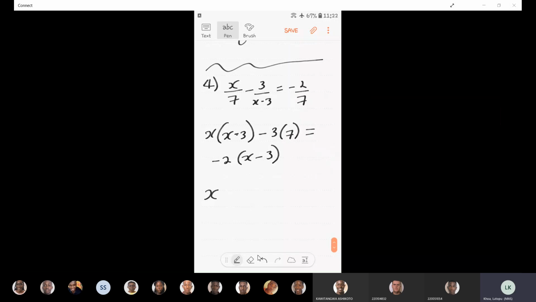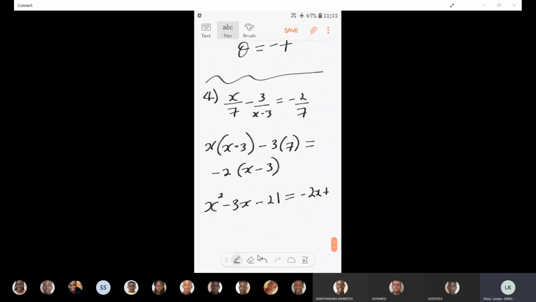So I have x squared minus 3x minus 21. This is equal to minus 2x plus 6. Okay, so you multiply the way we always do. Just multiply like that. Then you want your equation to be in standard form.